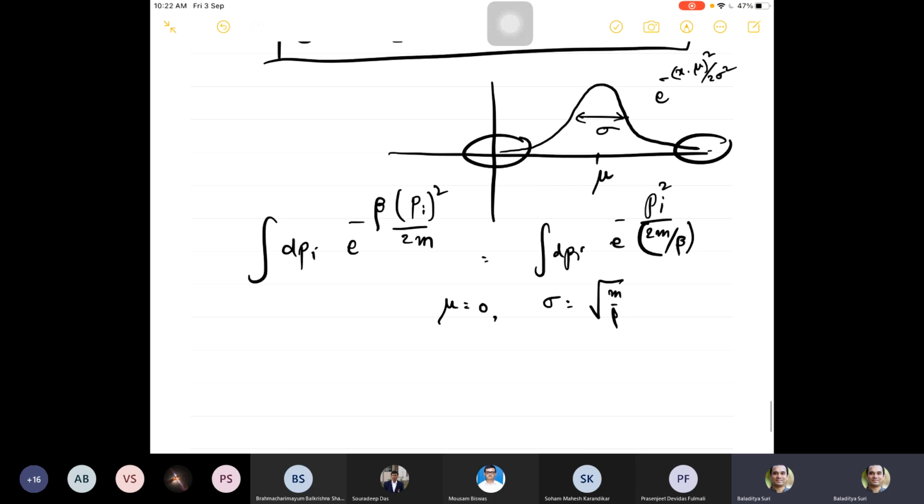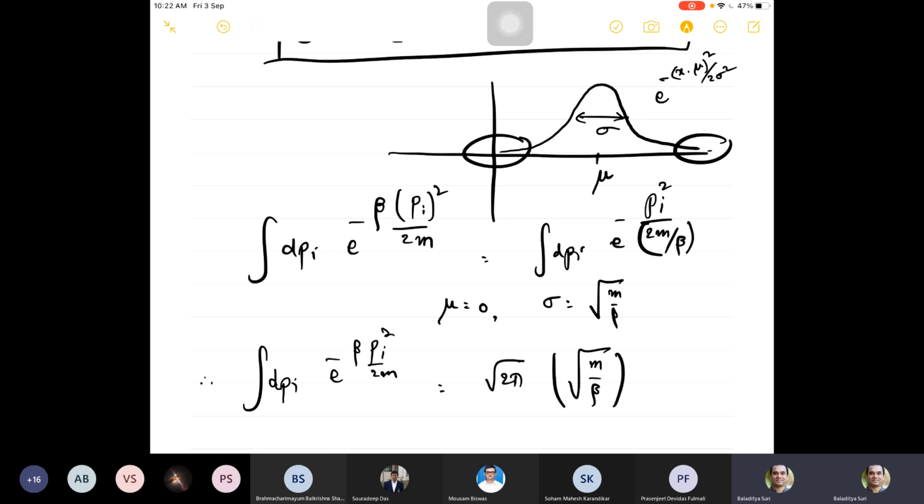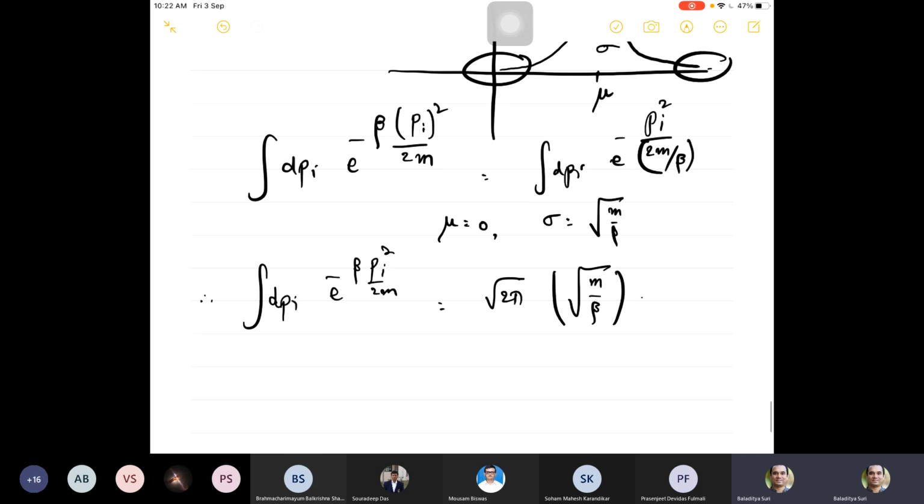And therefore, this integral dp_i e to the power of minus beta p_i squared by 2m is nothing but square root of 2 pi times sigma, which is square root of m by beta. That's it. And we have capital N such, or 3N such integrals.